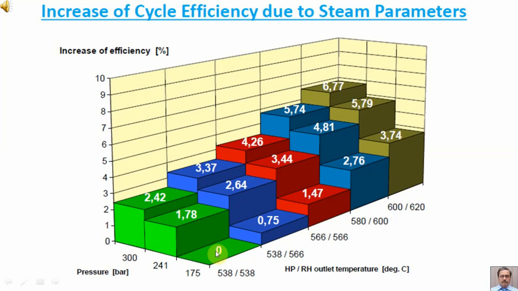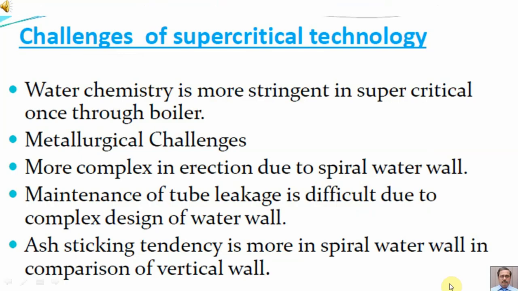Here we can see that as the pressure is increasing and as the temperature is increasing, the increase in efficiency is maximum. Challenges of supercritical technology. The main point to be noted here is water chemistry is more stringent in supercritical once through boiler.